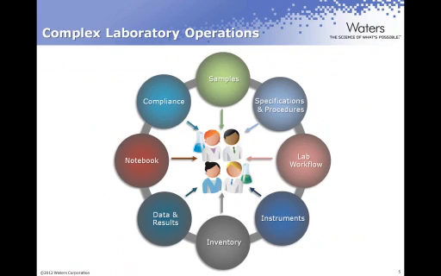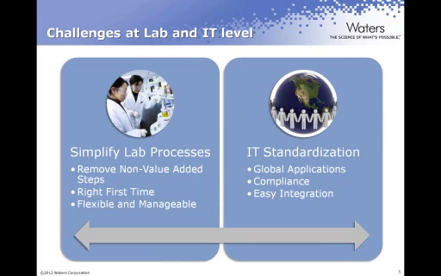For example, we saw that sometimes you have to enter the sample ID 5 or 6 times again and again in the course of only one analysis method. And it's obvious that the more complex and higher the number of systems is, the higher is the chance of an error.